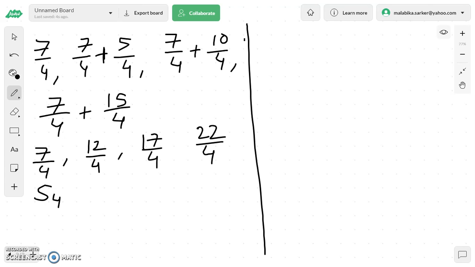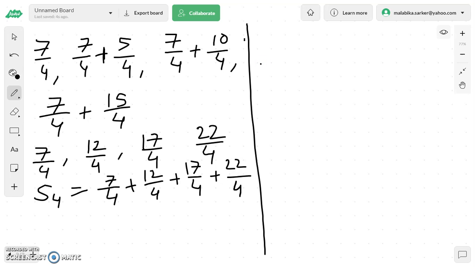So we will have to find the sum of the first 4 terms. This is simply 7 by 4 plus 12 by 4 plus 17 by 4 plus 22 by 4. Now I will use a calculator here. We'll have to add 7 plus 12 plus 17 plus 22.